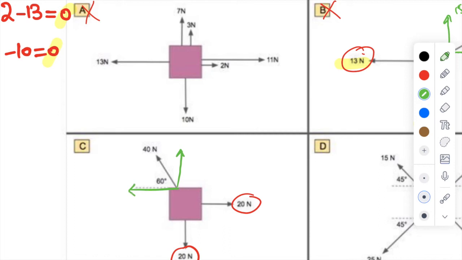Along the x-axis I have the adjacent component, which is 40 cosine of 60, and along the y-axis I have 40 sine of 60, giving me here the answer of 35 Newton, and here we have 20 Newton.